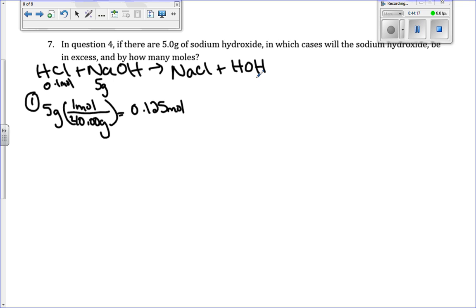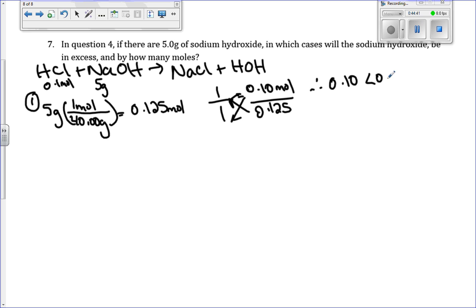We look at the mole relationship between the two reactants, hydrochloric acid, which is 1, and sodium hydroxide, which is 1, and we have 0.10 moles here and 0.125, which tells us that the limiting reagent is going to be hydrochloric acid.